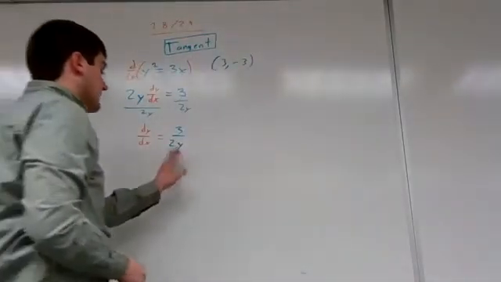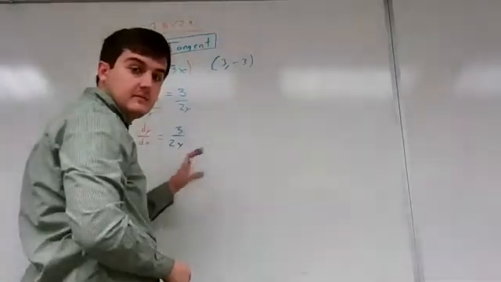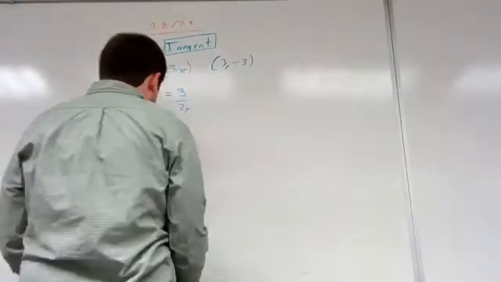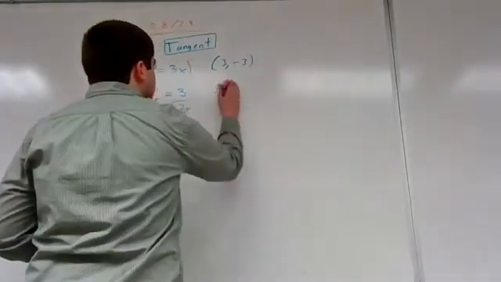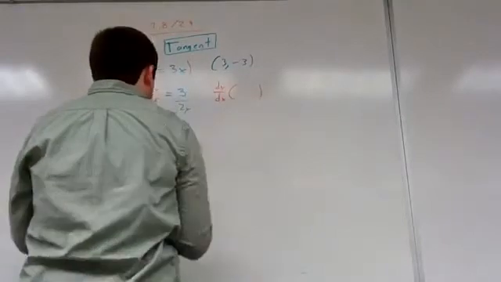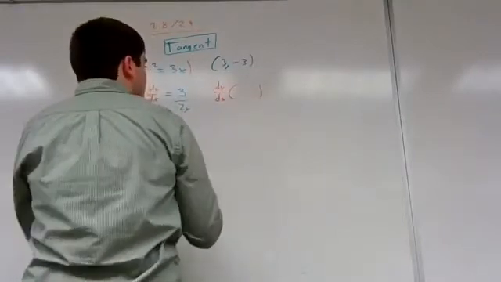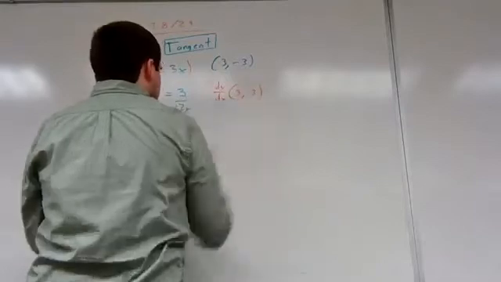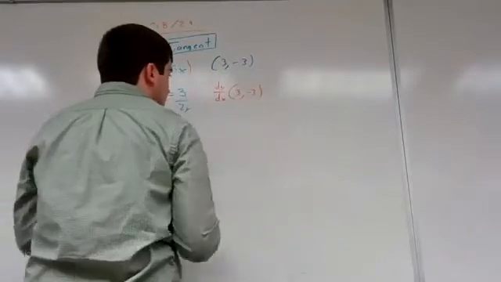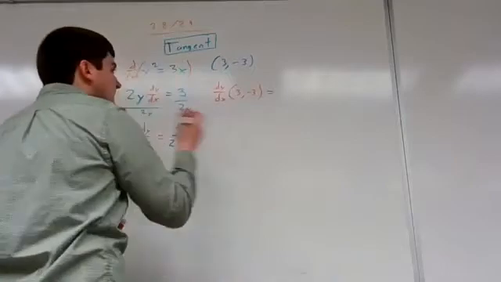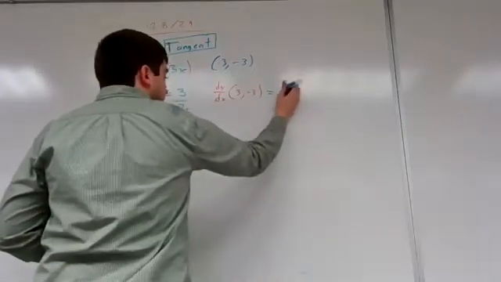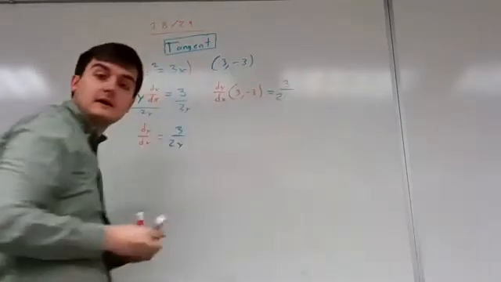So to get the tangent line, I just need to plug in my value to get the slope here. So I need to find dy over dx at the point 3, negative 3, which is going to be the same thing as 3 over 2 times y.